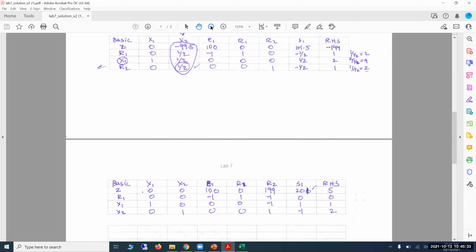Okay. So you're trying to get rid of the negative 99.5. First you multiply by 2, right? You make that a 1. Which meant that E1 was like a negative 2. You're right. So now you're trying to get rid of the 99.5.